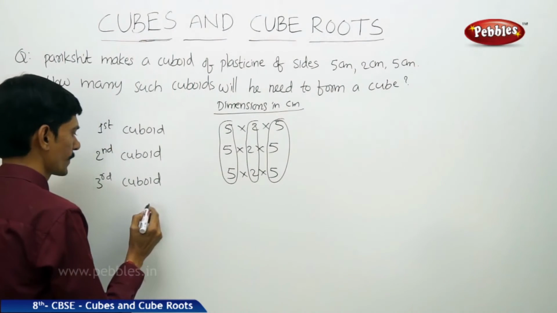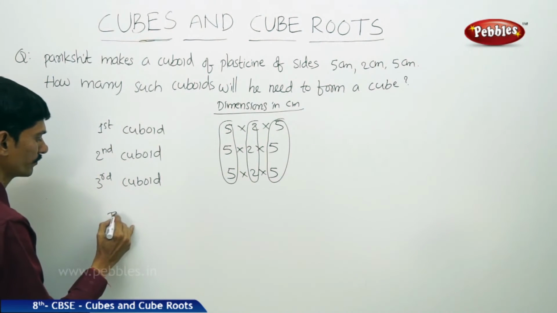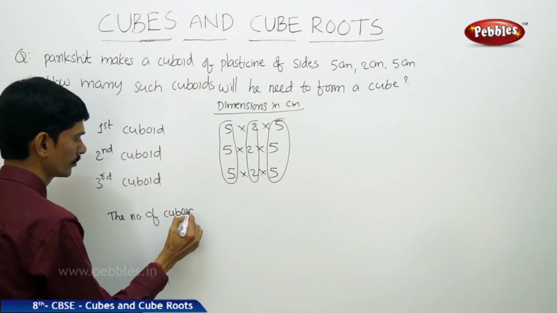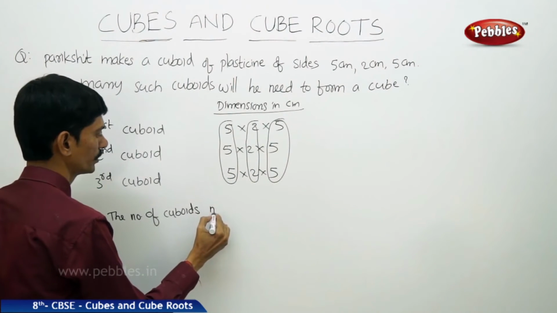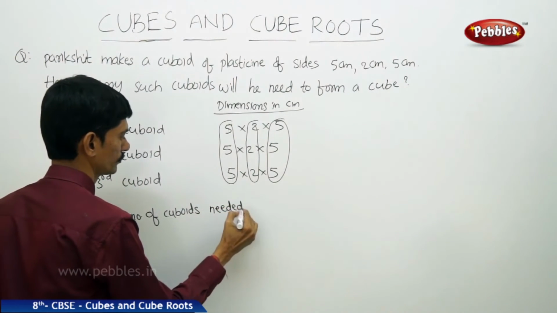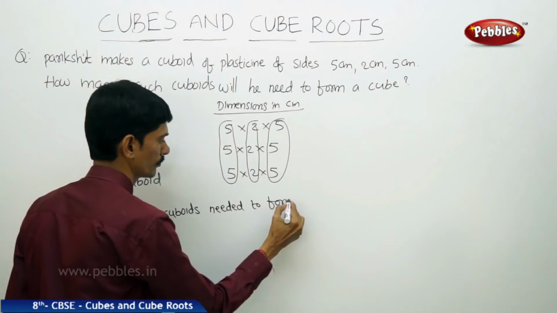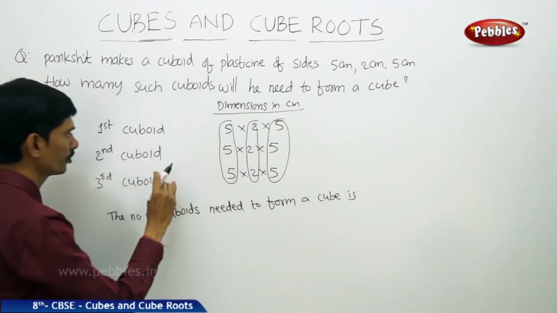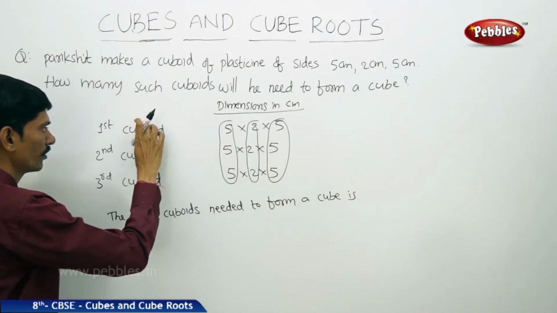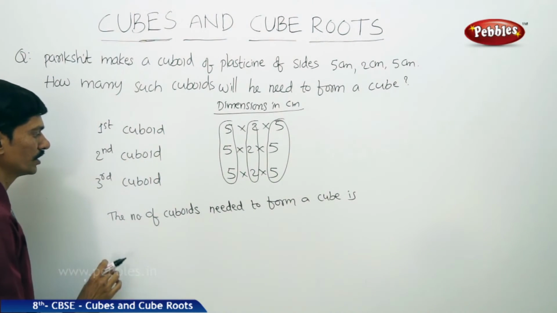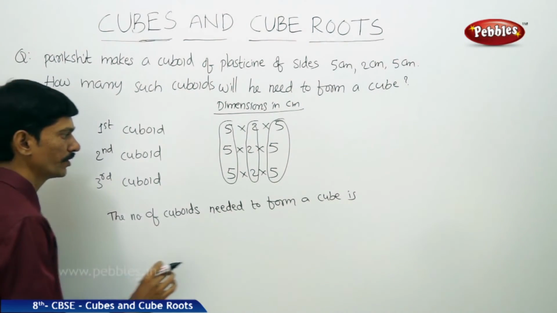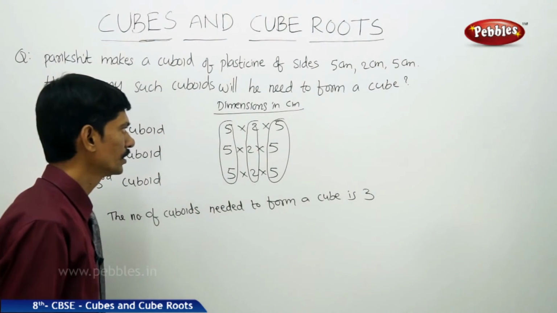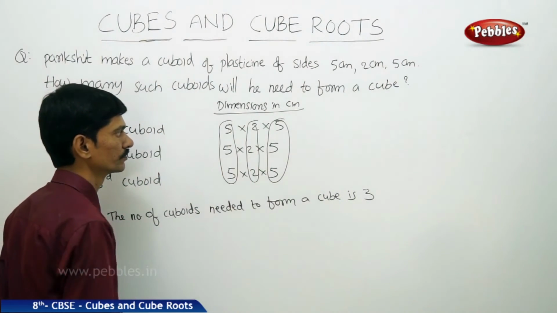So the number of cuboids needed to form a cube is, how many cuboids are needed? 1, 2, 3. So there are 3 cuboids needed to form a cube. If he takes 3 cuboids, then he will get a cube.